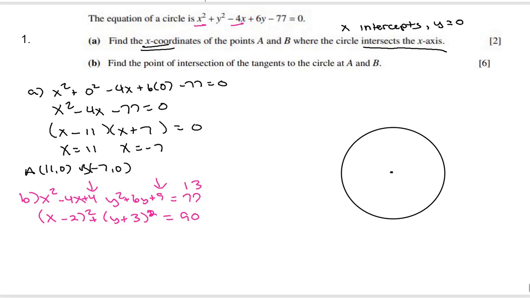Now the point of all this is that now that I have this, I can tell you what the center is. This is going to be a center of (2, negative 3). All right, so we can label that (2, negative 3). And now what I want you to get is A and B. So this is clearly going to be somewhere around here.